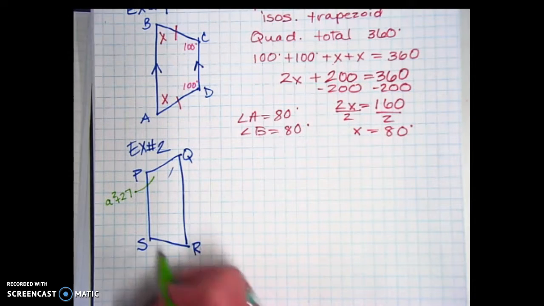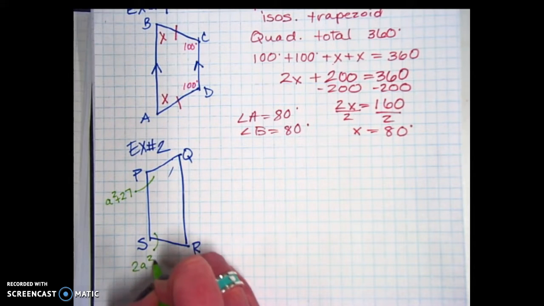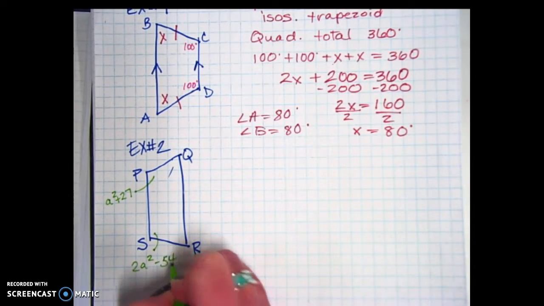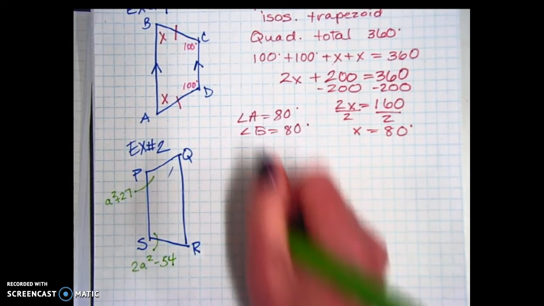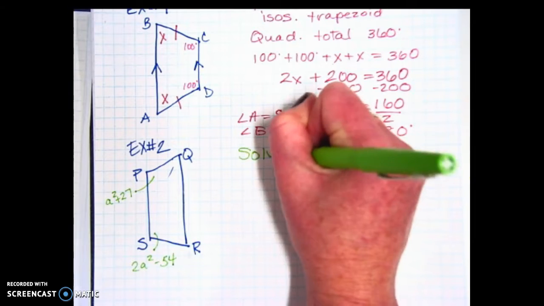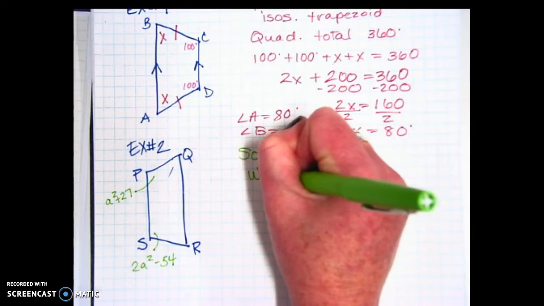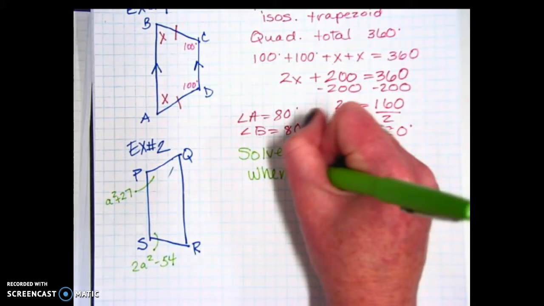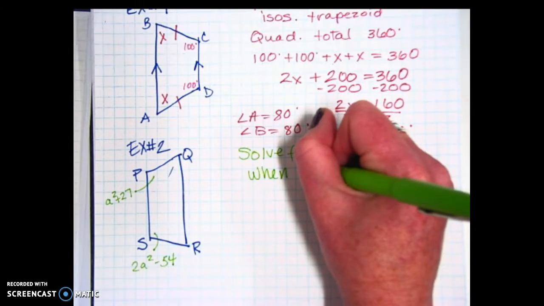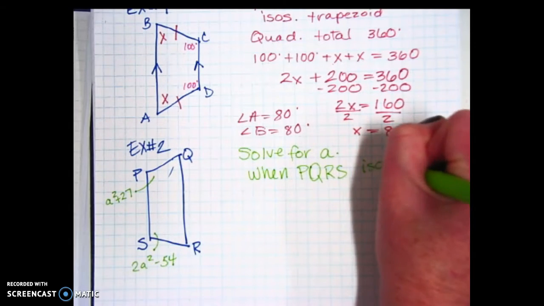And angle S right here is 2a squared minus 54. And the directions just say solve for A when PQRS is an isosceles trapezoid. PQRS, isosceles. I'm just going to put ISOS.